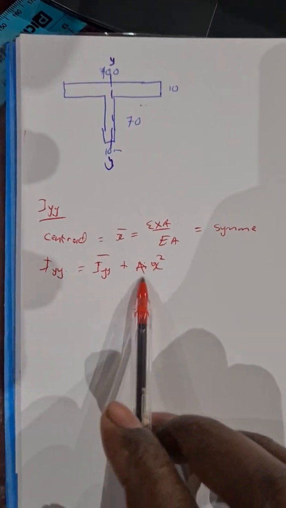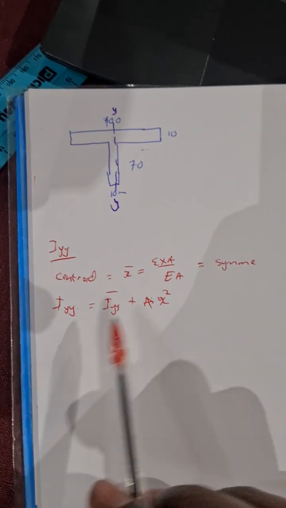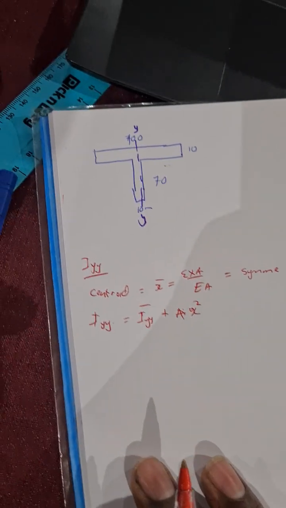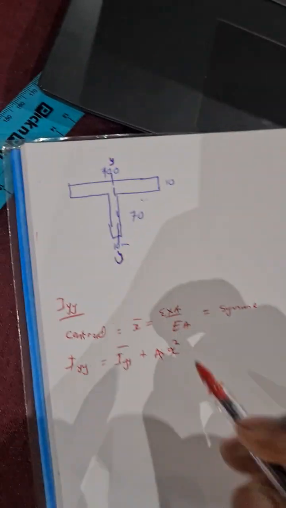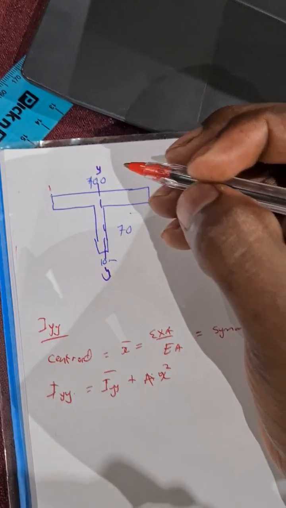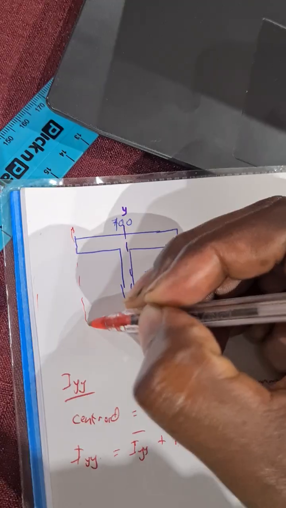So notice the formula. For a composite, remember, we use this formula for each part, and then we add the total. We add individually. So let's do it. Let's say the reference is the endmost.